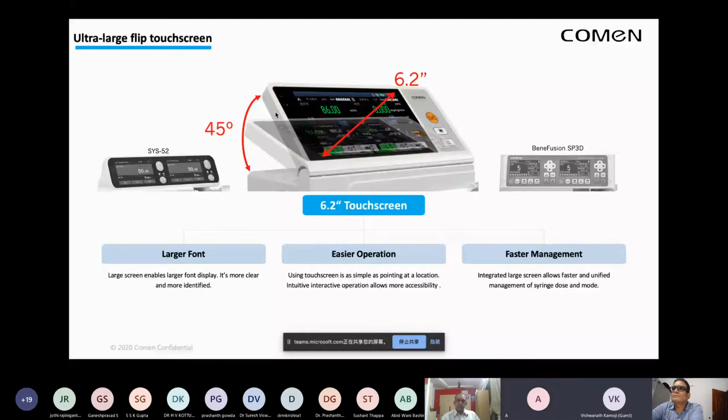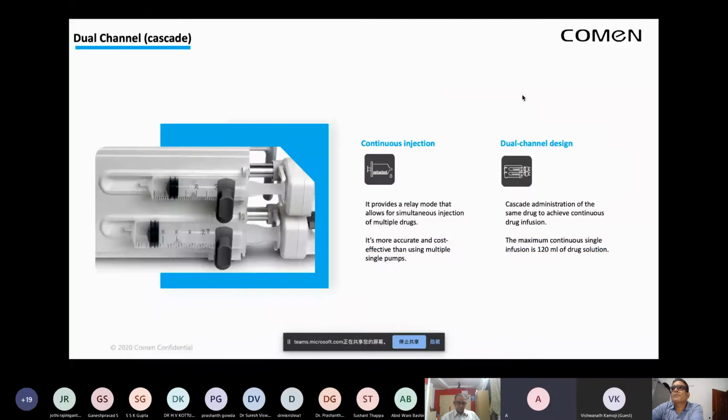Yeah. So this is the overview once again, and next is dual channels and continuous injection. This dual channel design is another advantage we can see. If a single channel is not enough, because one syringe's maximum is up to 60 ml, for example, for one patient we need 100 or 90 ml, we can use dual channel syringes.